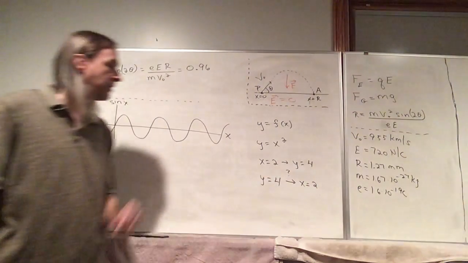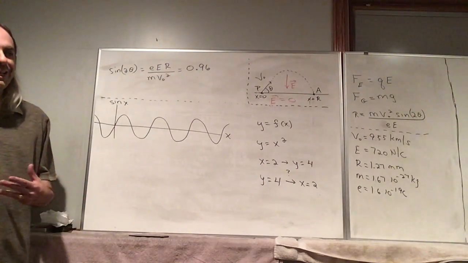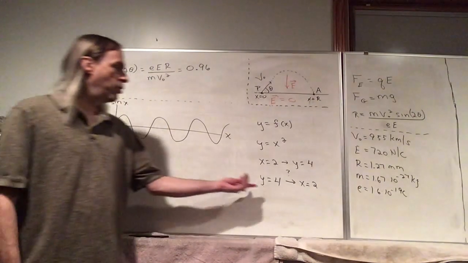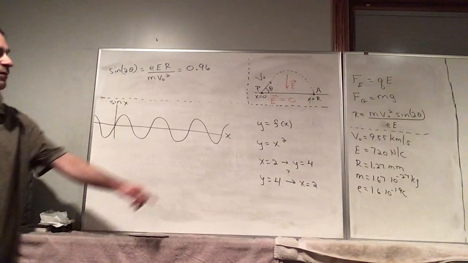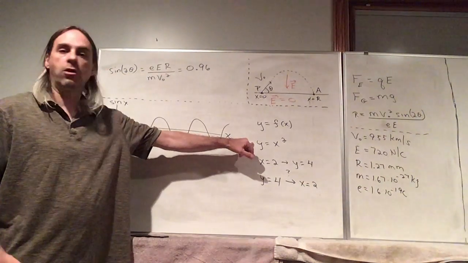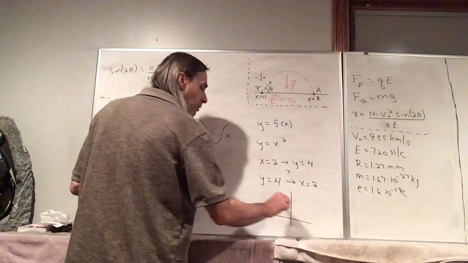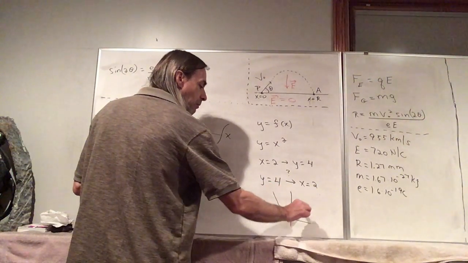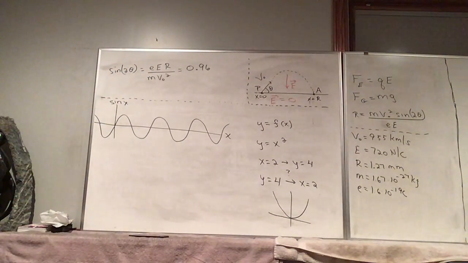Negative 2 squared is 4. So we have this question, is x 2 or is it negative 2? We have two possible x values for that y. And so this function here is not invertible. If we plot y equals x squared, this function is not invertible.